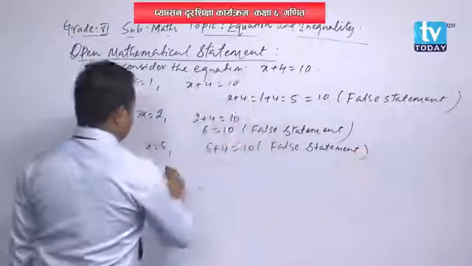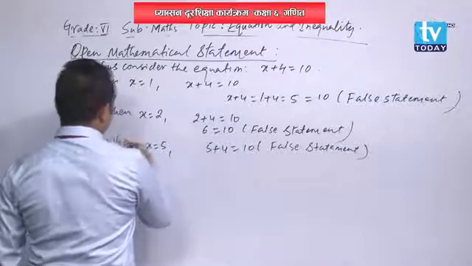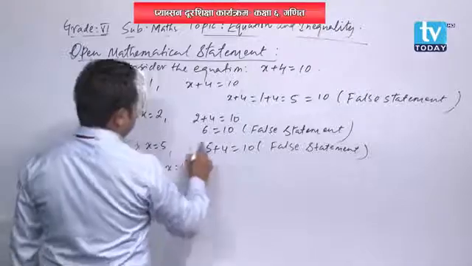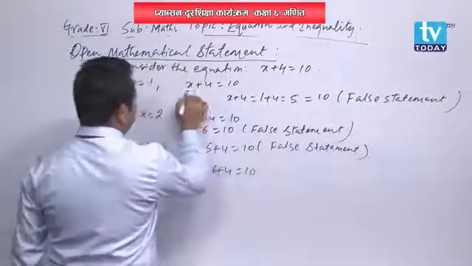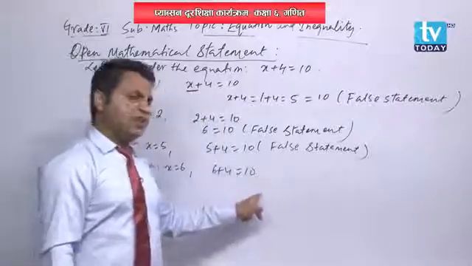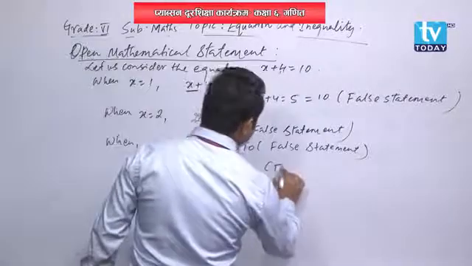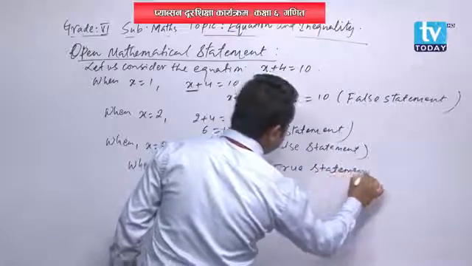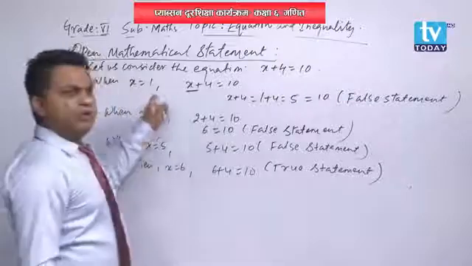Suppose x equals 6. Here 6 plus 4 equals 10. We are replacing the value of x by 6, so 6 plus 4 equals 10. So this is a true statement. Is that clear? So in this way we can do it.